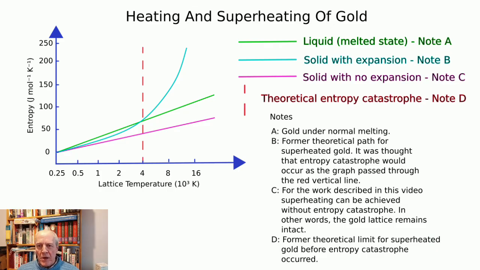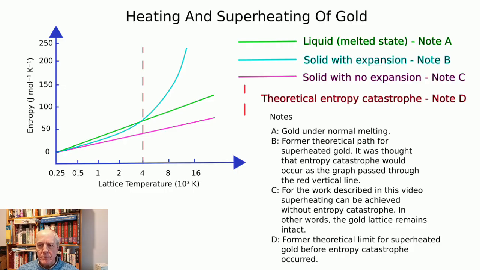However, the earlier work was only able to achieve a maximum temperature of twice the melting point, and they never achieved this 4 times the melting point. Now, this was a technology problem at the time.